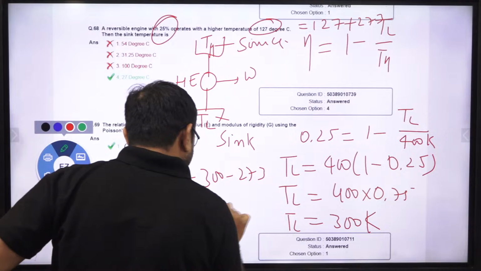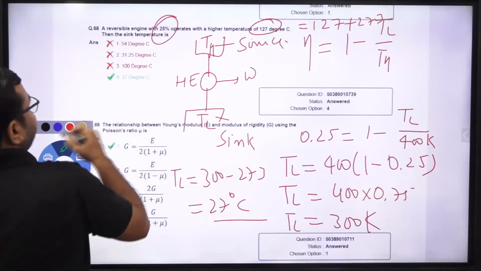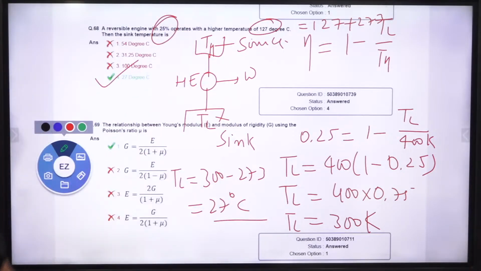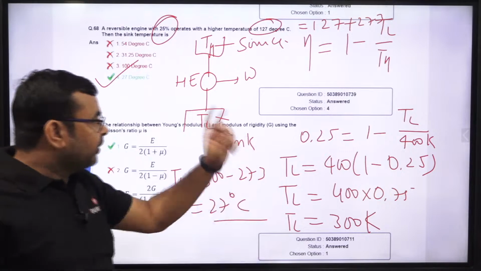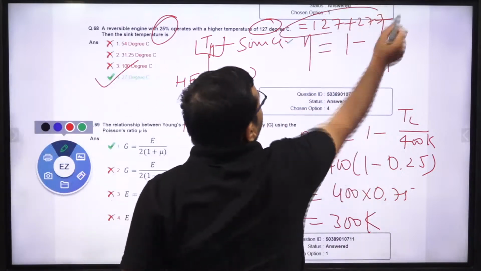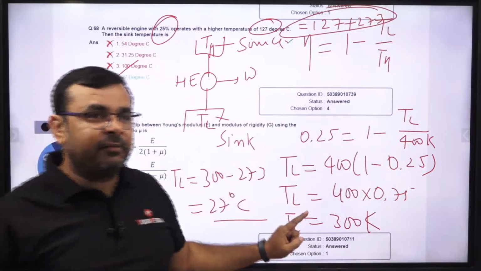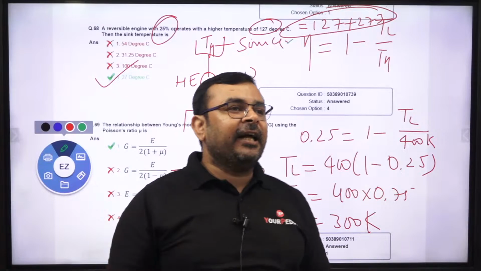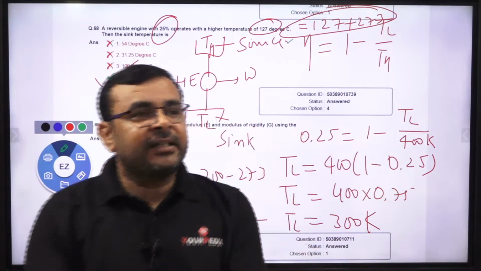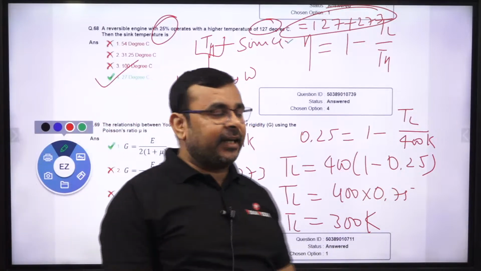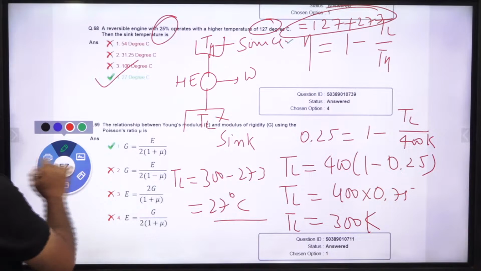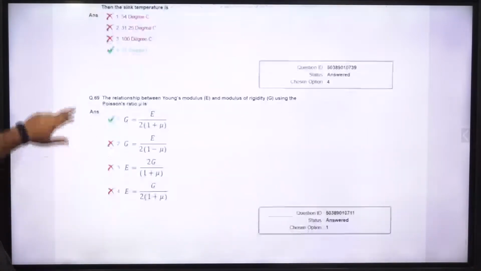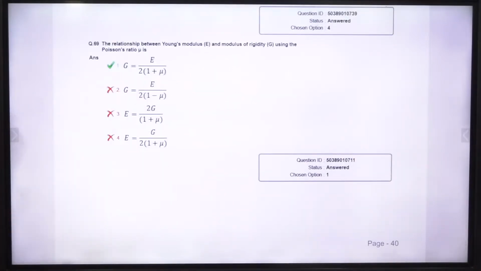So this is 27 degree centigrade. Option 4 is the right answer. Yes or no? This is the key point. Before solving thermodynamics problems, first you need to convert temperature scale from degree centigrade to Kelvin scale. Yes or no? Okay, so let's see in this question.